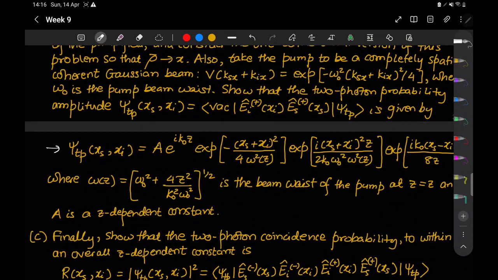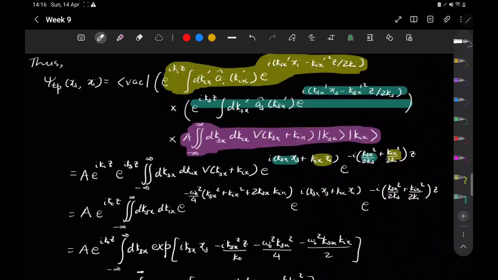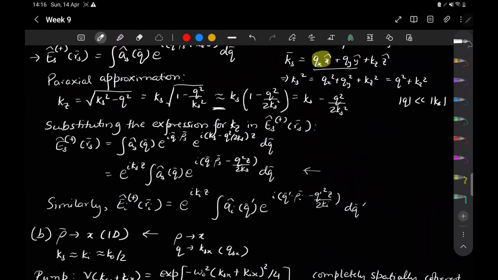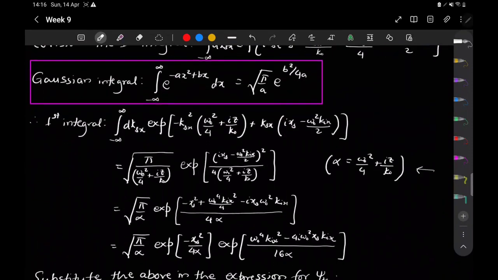This expression over here, this A is a z dependent amplitude that we are representing with A prime z. So I hope this is clear. Just take a few minutes to digest.